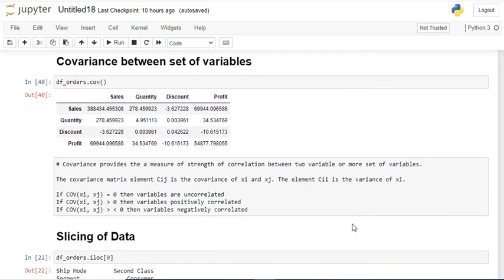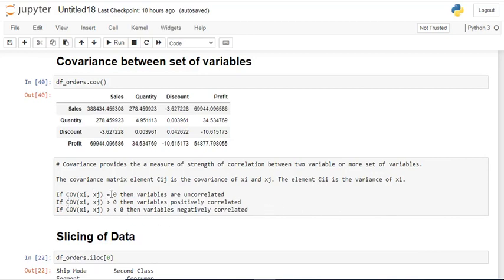Next, covariance between sets of variables. Covariance provides a measure of the strength of correlation between two or more sets of variables. So what is the strength of correlation between the two variables, whether the strength is high or not. Let us see here.